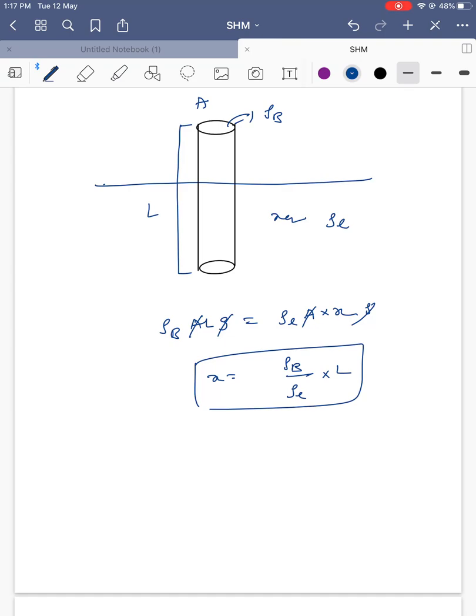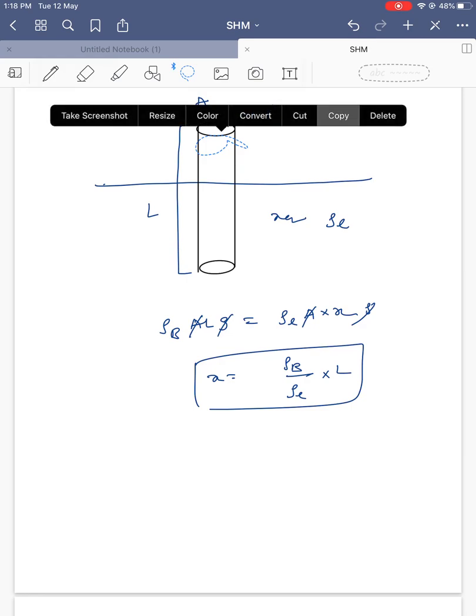Now you compress the log a little bit. This is the equilibrium body, I am just copying another one.